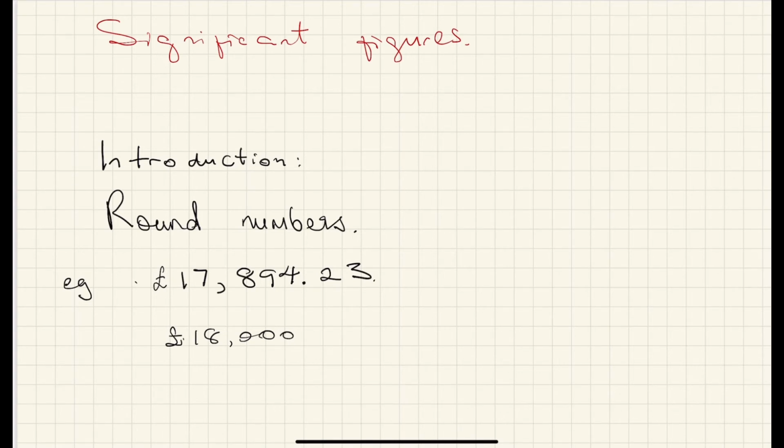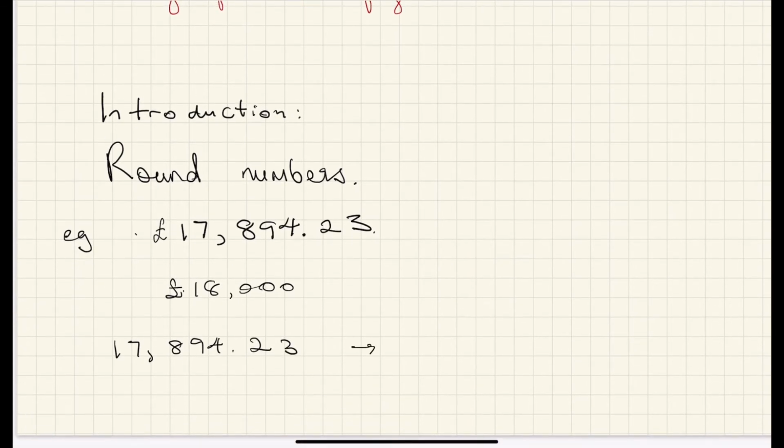if I was to give you 17,894.23 as a round number, I could say it was 17,894 pounds, or I could say it was 17,890 pounds, or I could say it was 17,900 pounds, or I could say it was 18,000 pounds.